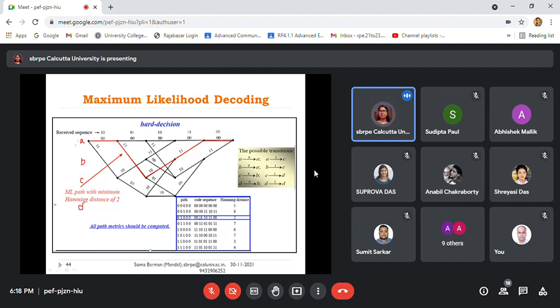If this path survives, 0 0 1 1 1 0 1 1 0 0, then you decode the information from the transitions. 0 0 to 1 1 transition.